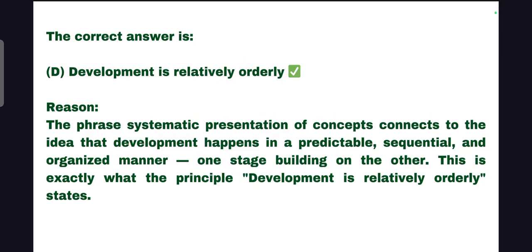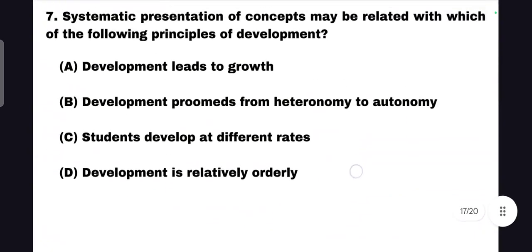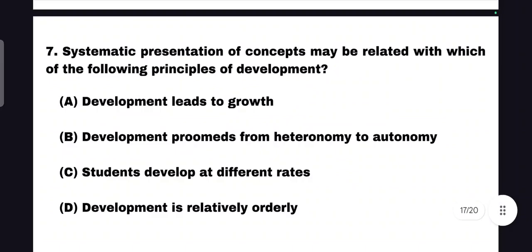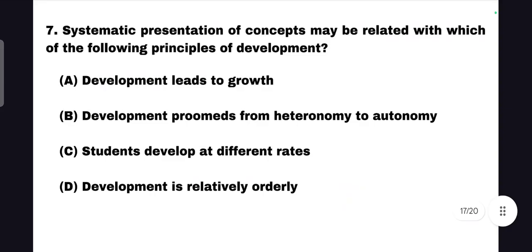We present the particular concept in an orderly manner, from simple to complex, or from simple points to a more complex explanation. So systematic presentation of concepts follows the principle that development is relatively orderly.